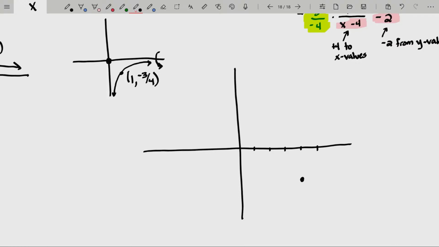And I subtract 2 from its y value, so it's at negative 2 3/4, which is negative 11/4. So I'm going to mark this as negative 1, negative 2, and negative 3. But negative 2 3/4 is not exactly 3, so I'm going to plot it right here. I am going to label this point because it actually occurs on my curve. That is 5, negative 11/4.